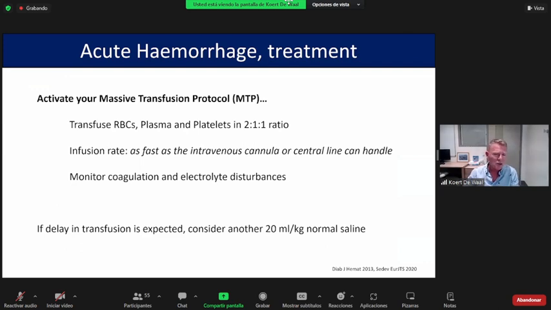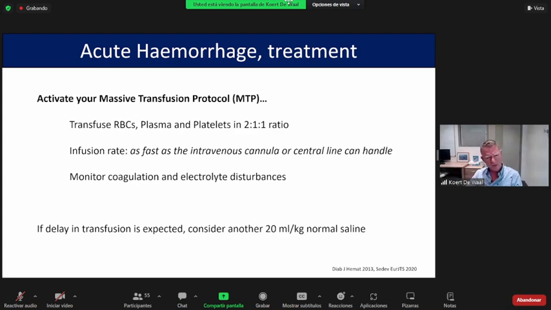This is one suggestion: transfuse RBCs, plasma and platelets in a 2:1:1 ratio, but there are different ratios reported in the literature. What they do say is, if you want to infuse in that situation of severe hemorrhage, you do need to infuse as fast as you can. And of course, monitor coagulation and electrolyte disturbances, which are rather common after you start your massive transfusion protocol.